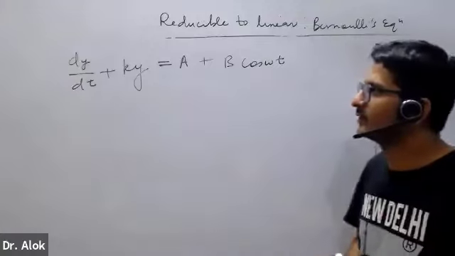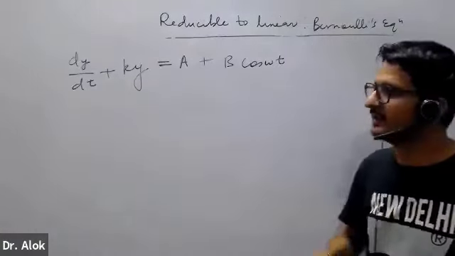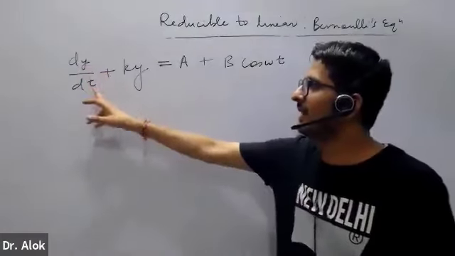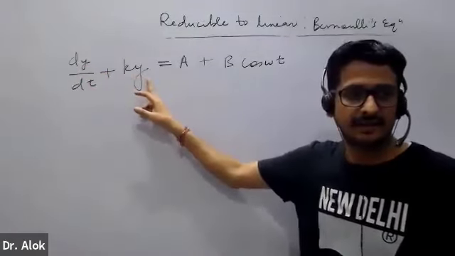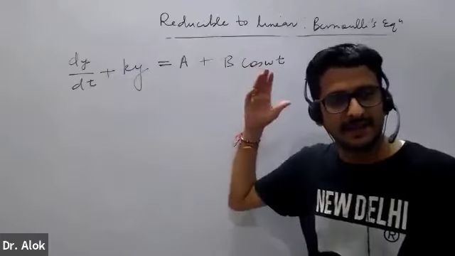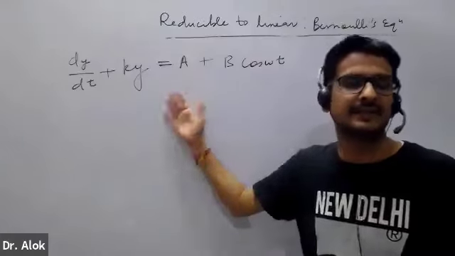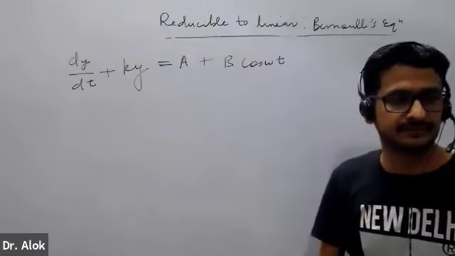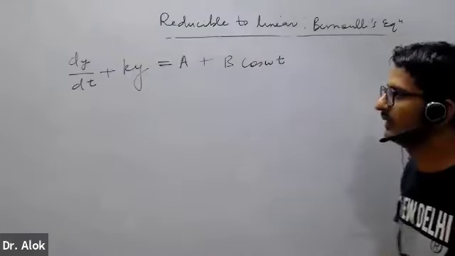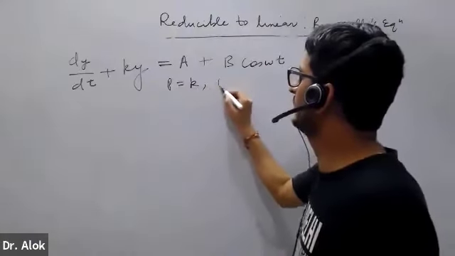So you just see what type of equation this is. This is a linear equation because dy by dt plus ky is equal to this. First tell me, are you able to figure out that this is a linear equation? Yes, sir. What is the value of p? It is k. What is the value of q?